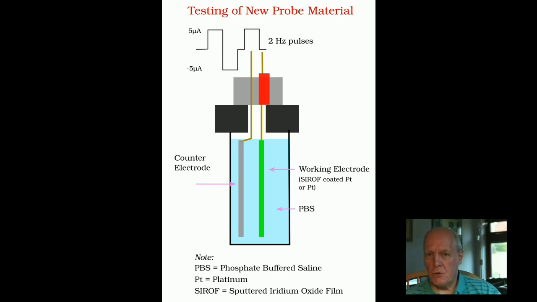So the research can be summarized that by relocating the probes below the dura mater, in other words subdural, and by using a different type of probe material, the outcomes in terms of spinal cord injury can be greatly improved.